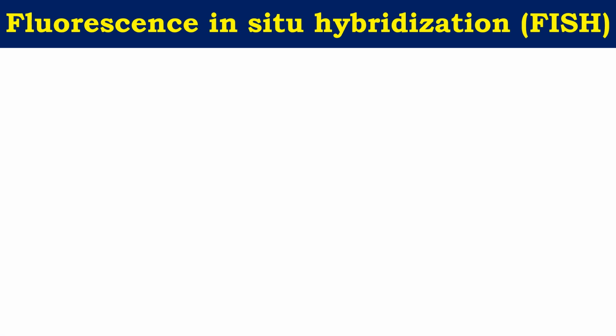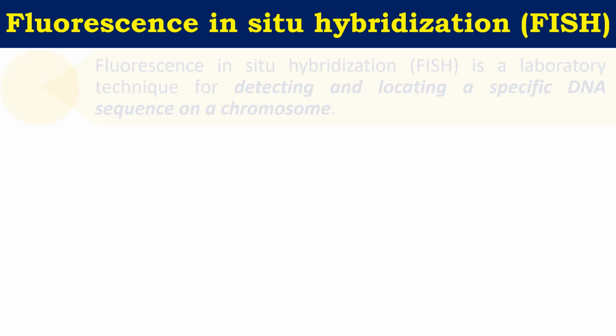First we will try to understand what is FISH, what is fluorescent in situ hybridization. It is a molecular cytogenetic technique that uses fluorescent probes that bind only to particular parts of the nucleic acid. Later on we will see in detail.